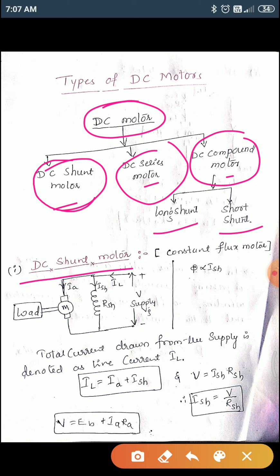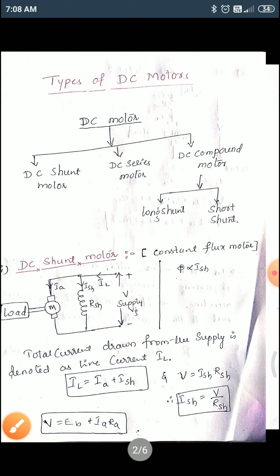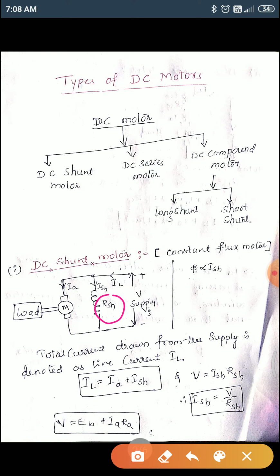In this type, the shunt field winding is connected across the armature. Remember, this shunt winding or field winding is connected in parallel with the armature, and we take its resistance as RSH, the shunt field resistance.